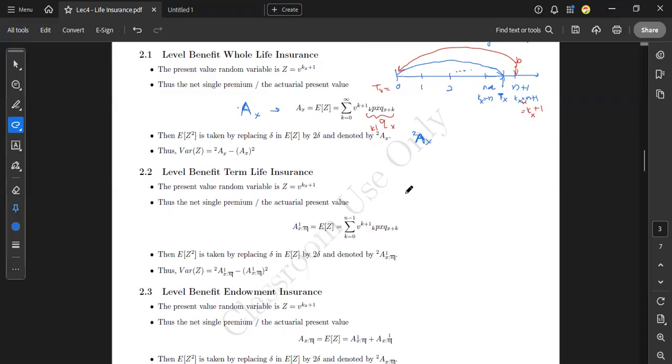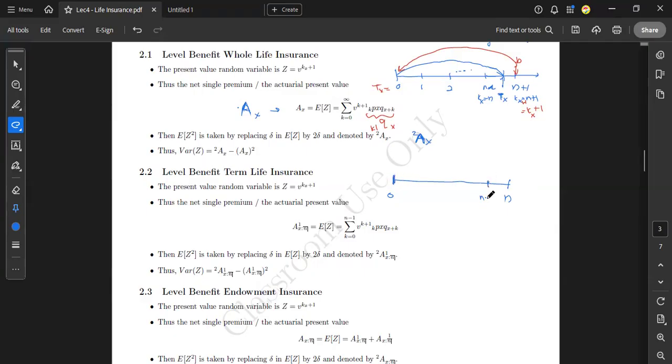That means the coverage goes from 0 to n and death occurs between 0 and n is the situation.